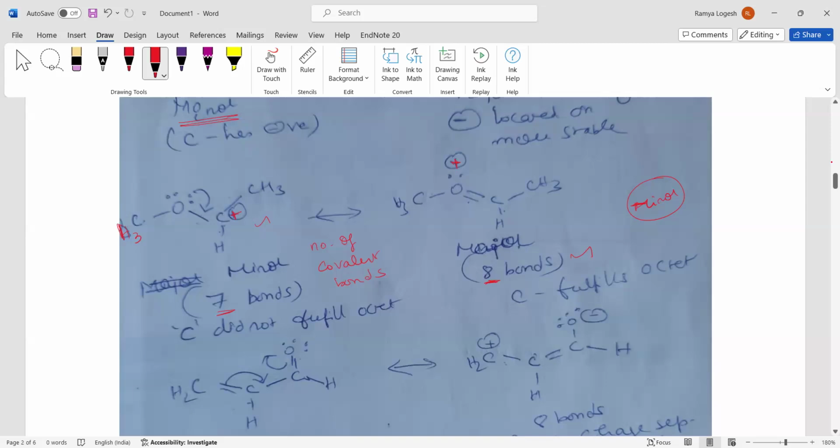The only thing is that it should fulfill its octet. That is the reason it is going to form compounds. Here in this case, carbon did not fulfill the octet. But in this case, the carbon has fulfilled its octet, even though oxygen has a positive charge. These two conditions overwhelmed the third condition. Which two conditions? More number of covalent bonds and carbon has fulfilled its octet. Therefore, the second one is major and the first one is minor.